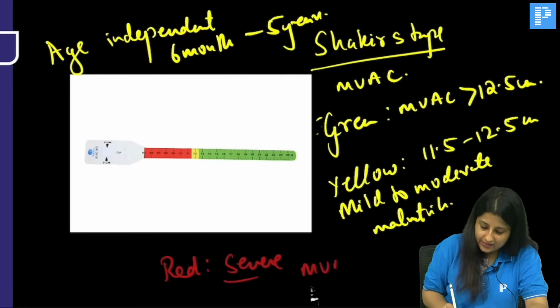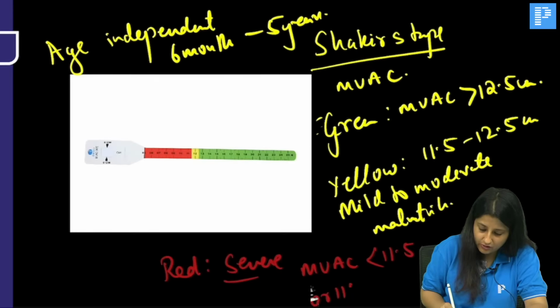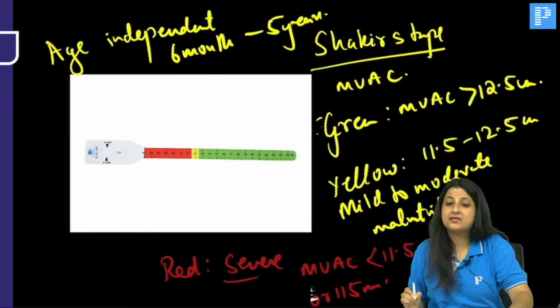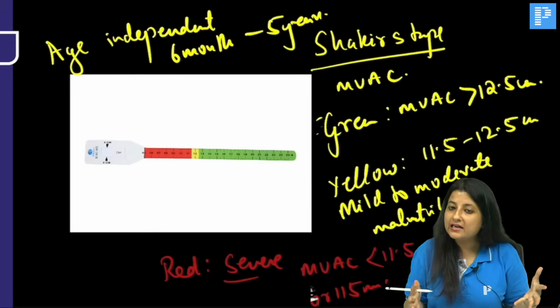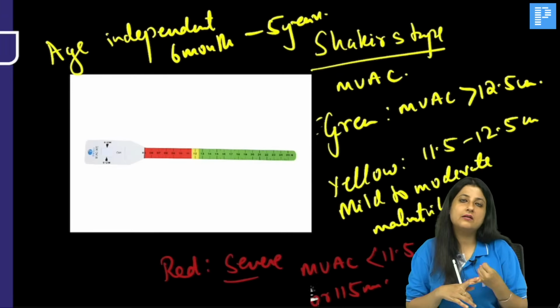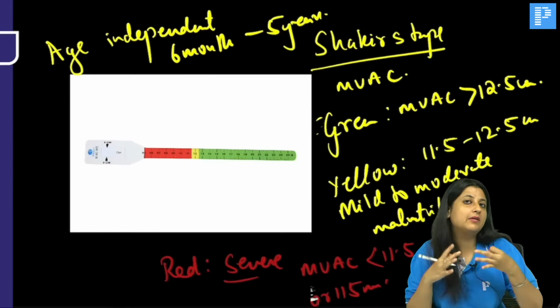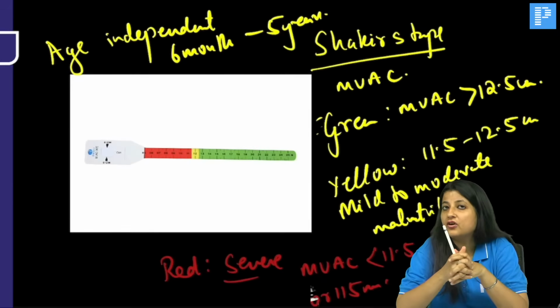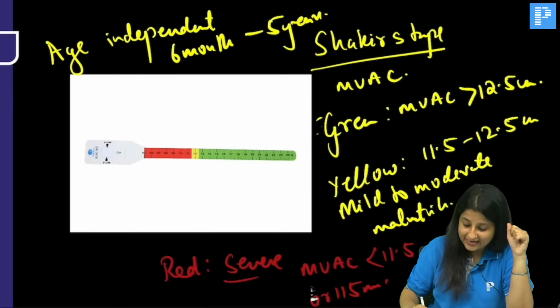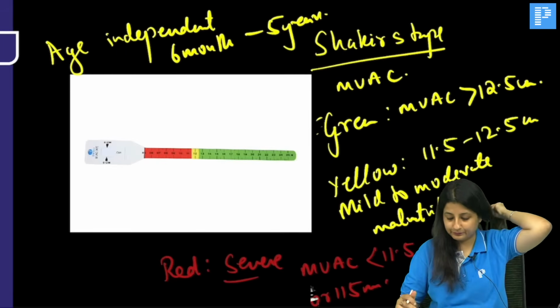So in red, mid upper arm circumference is below 11.5 centimeters or 115 millimeters. Okay? In a SAM child we check the mid upper arm circumference, we check for bilateral edema, and we also check for low weight for height below -3 SD.